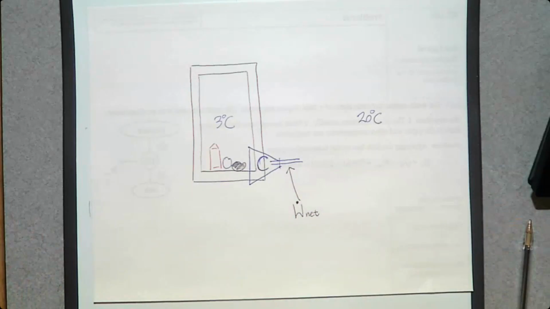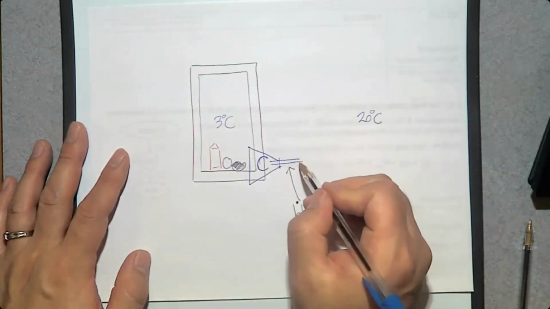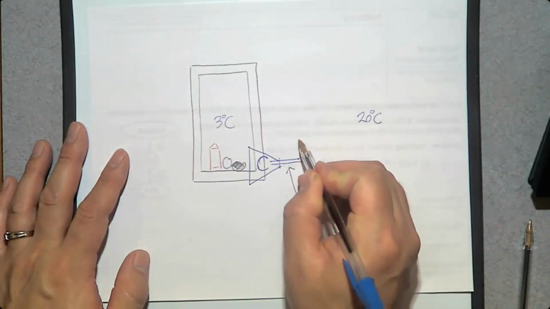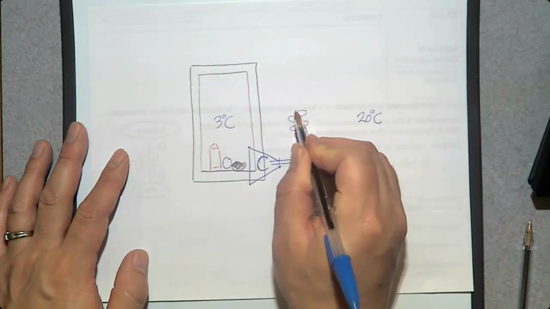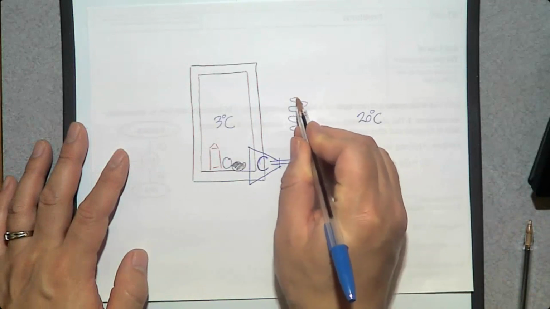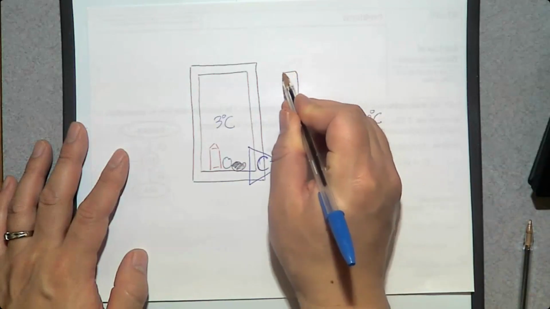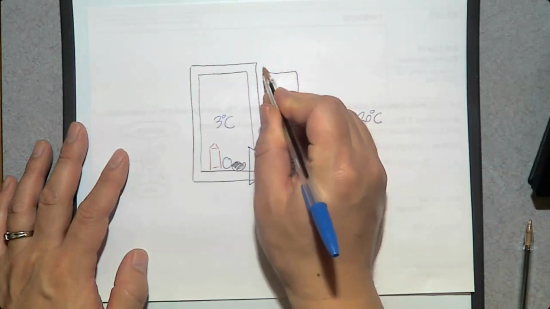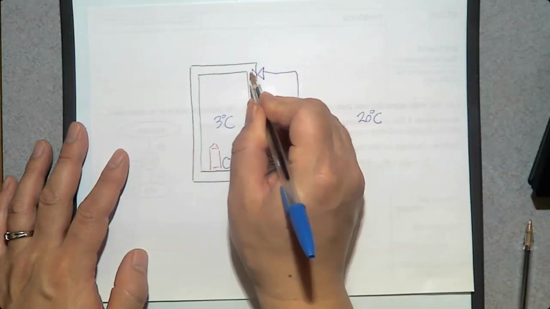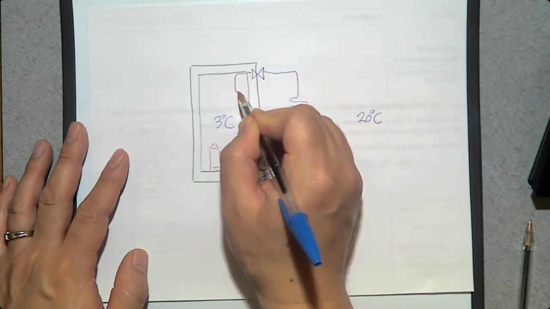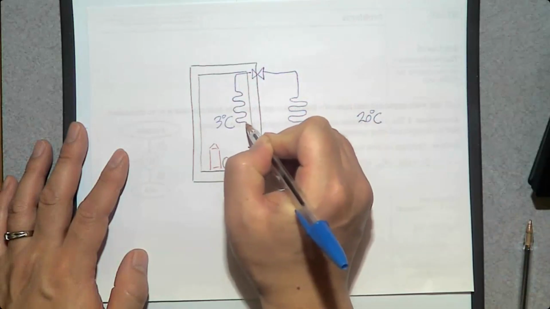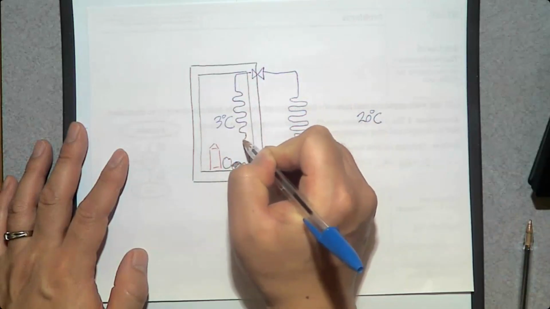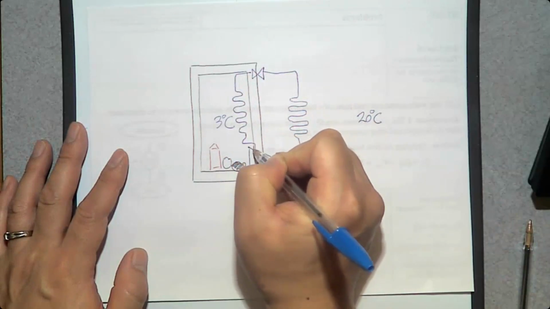And then there is a cycle, the refrigeration cycle. So there is a condenser, which is a heat exchanger. There is a throttling valve, and there is an evaporator, which is also a type of heat exchanger. Then this one goes back to the compressor.